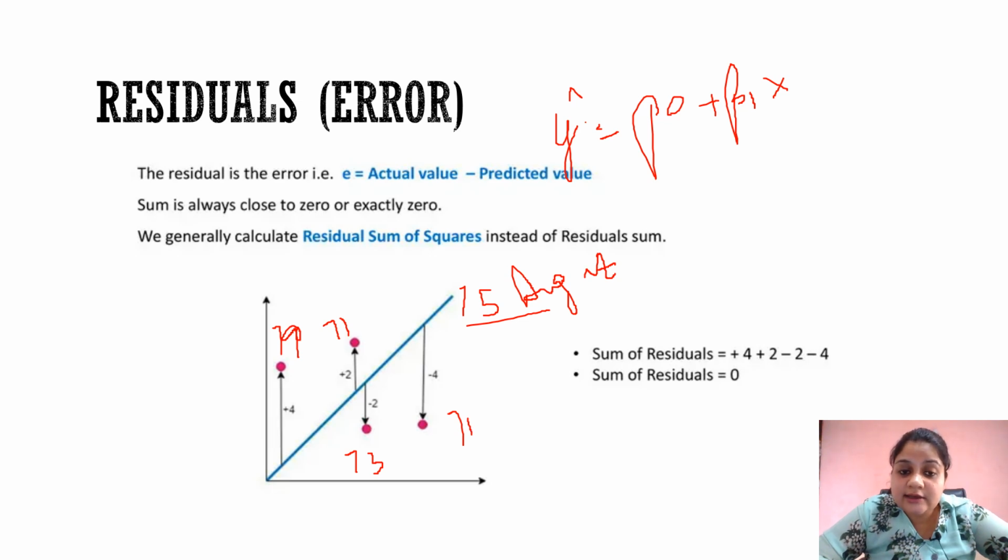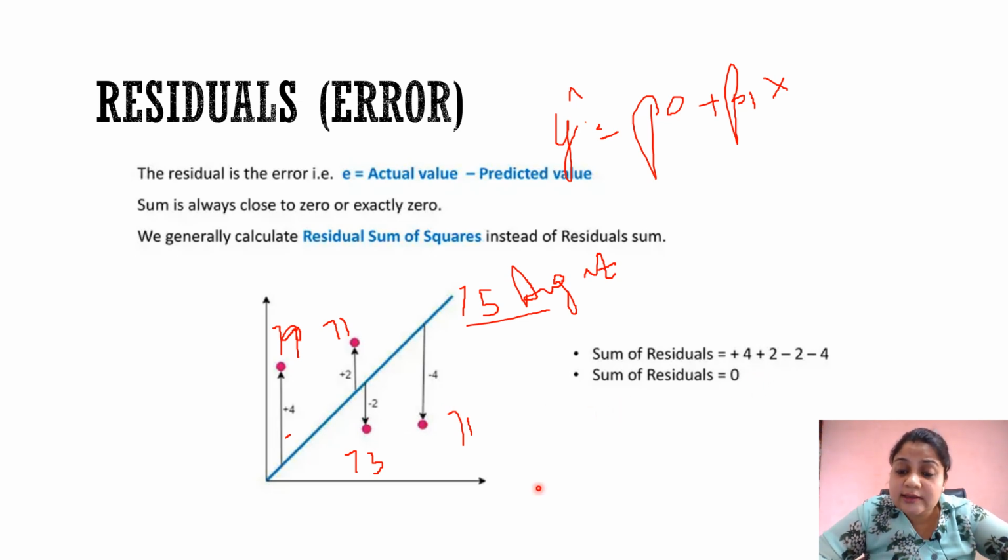If we calculate actual value minus predicted value, we get residuals of plus 4, plus 2, minus 2 and minus 4. If we compute the sum of all these residuals, we get a sum of 0.